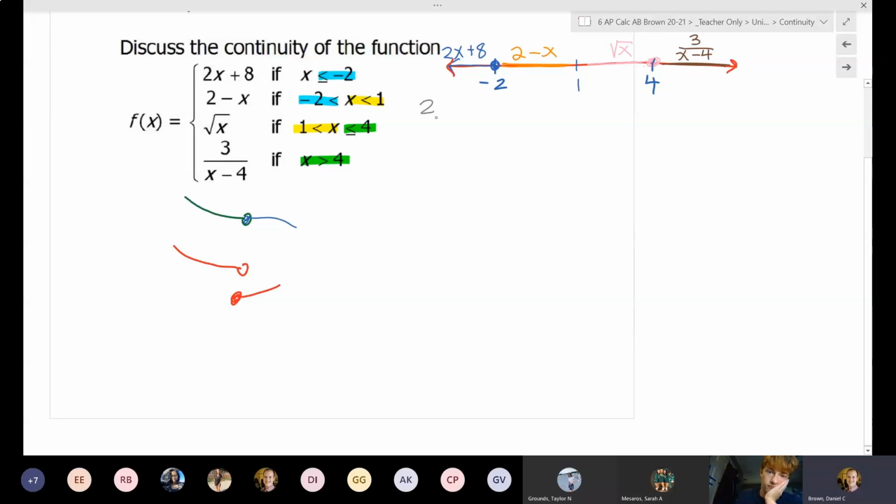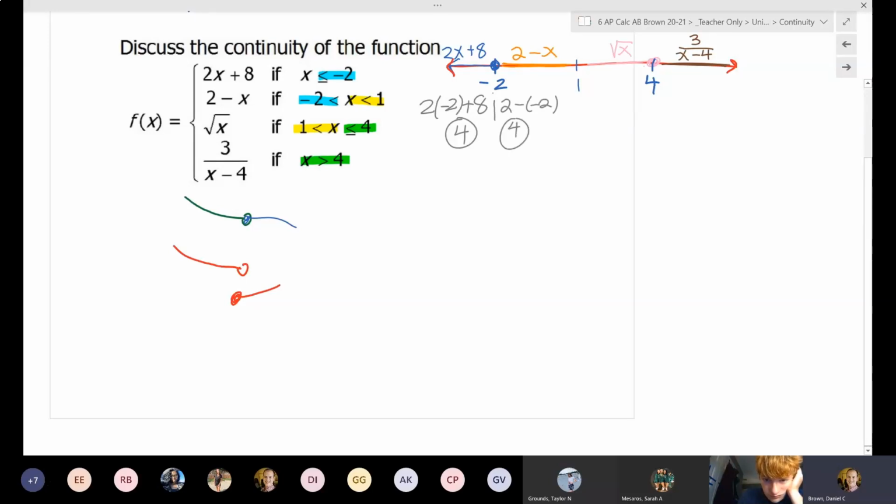So I have 2 times -2 plus 8. That's -4 plus 8, or 4. So that's going to be the y value on the immediately left-hand side of -2. On the right-hand side of -2, I have 2 minus the -2, and it gives me a 4.